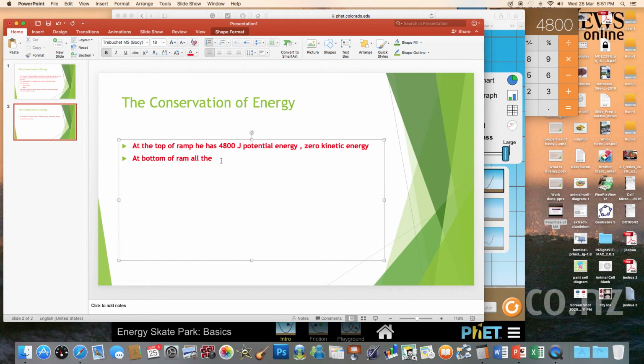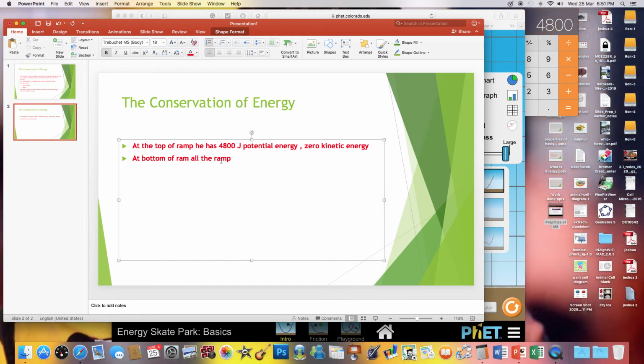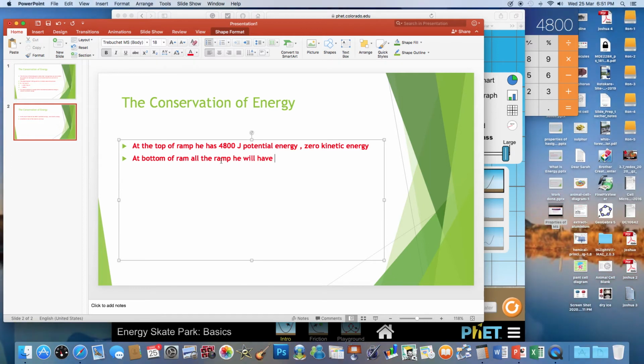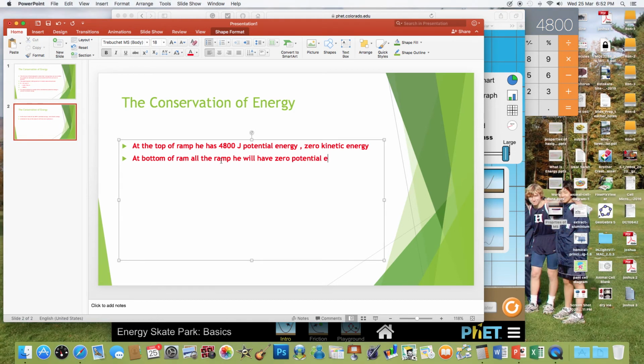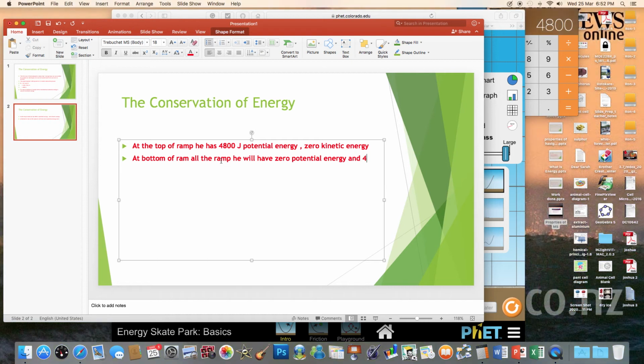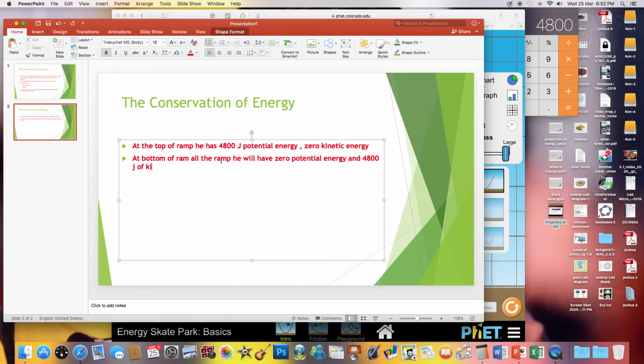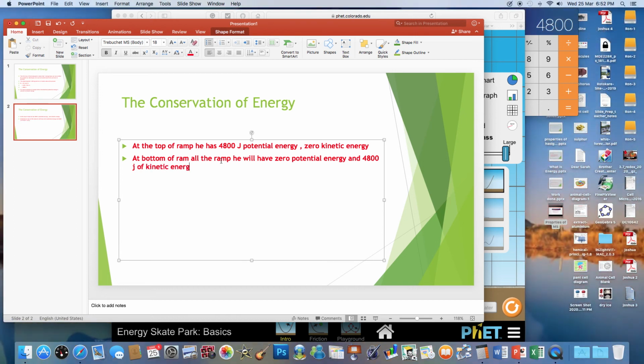So he's going to have 0 potential energy and 4,800 joules of kinetic energy. And we can use that to calculate what his maximum speed is.